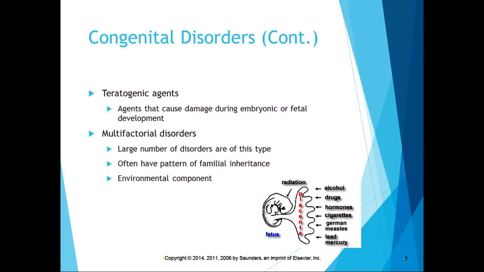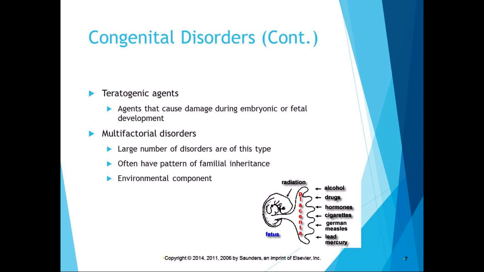There are multifactorial disorders, and a large number of disorders are of this type. They often have patterns of familial inheritance, but there's an environmental component as well. Multifactorial disorders are estimated to affect approximately 10% of the population.